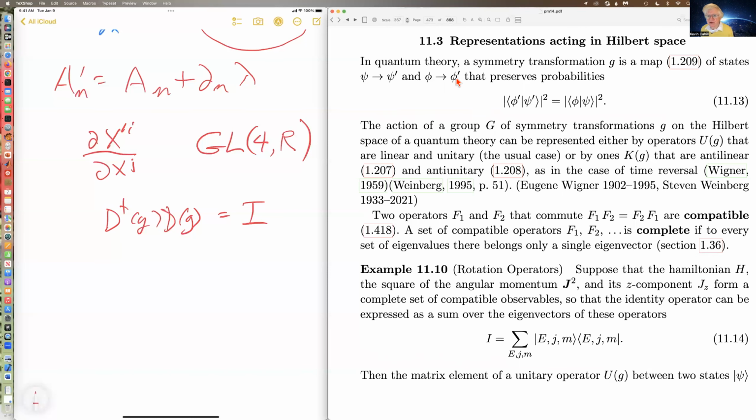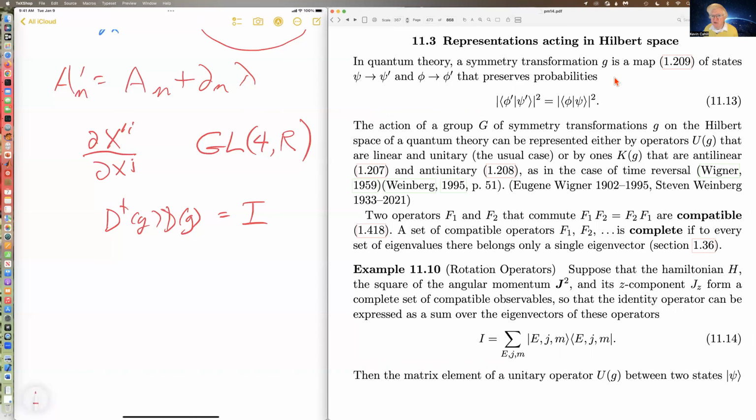Representations acting in Hilbert space. Well, in quantum mechanics, a symmetry transformation is a map between states, psi goes to psi prime, phi goes to phi prime, such that the inner product of the states has an absolute value that's the same.